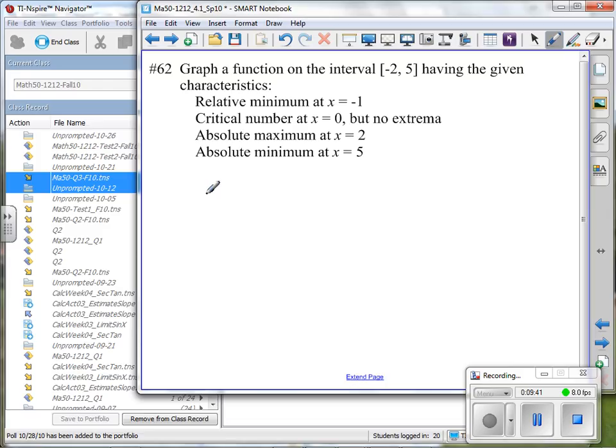Well, let's see here. If we put down, there's my -2, -1, 1, 2, 3, 4, 5. Let's see, I want a relative minimum here. So I could have a relative minimum right about here.